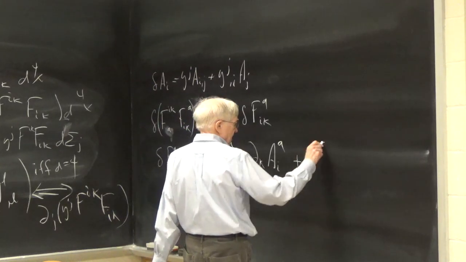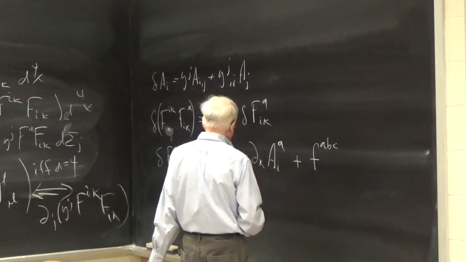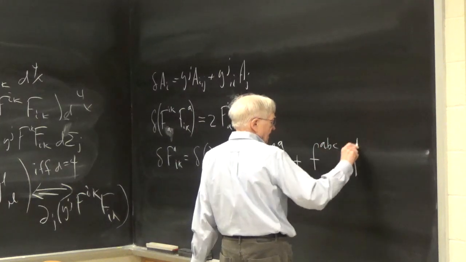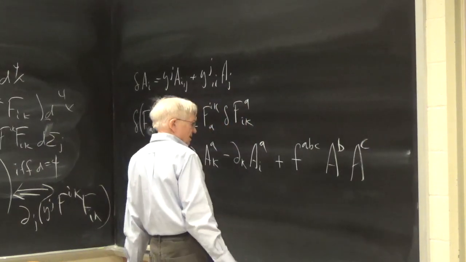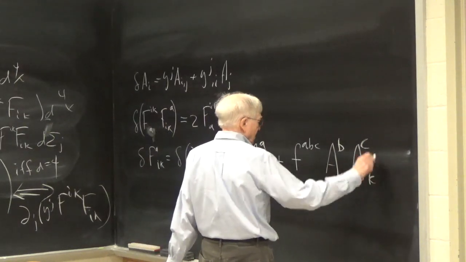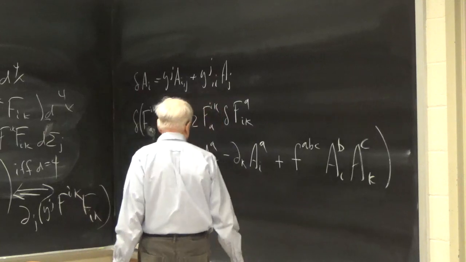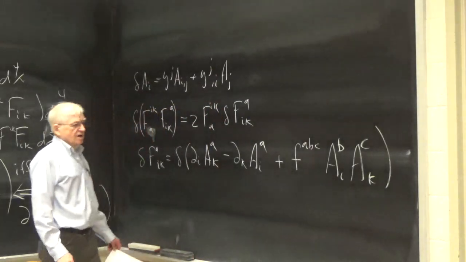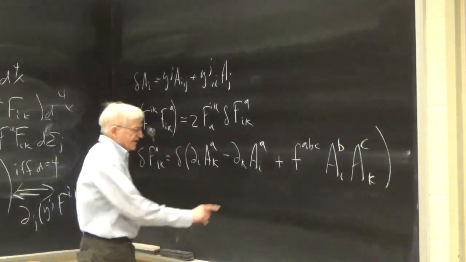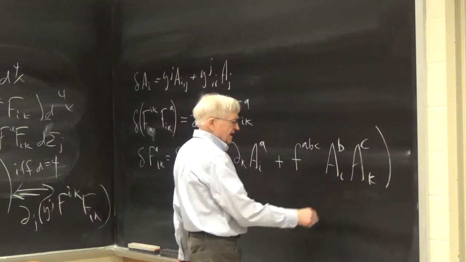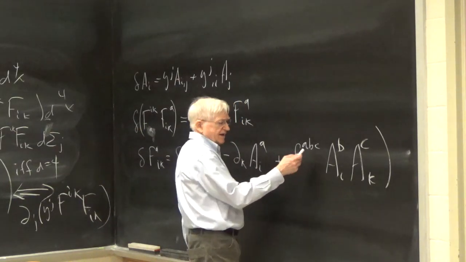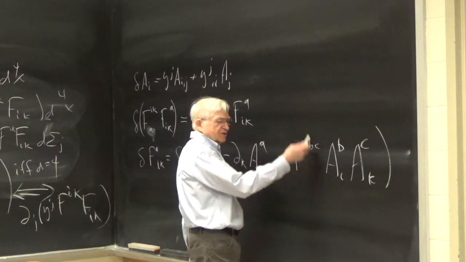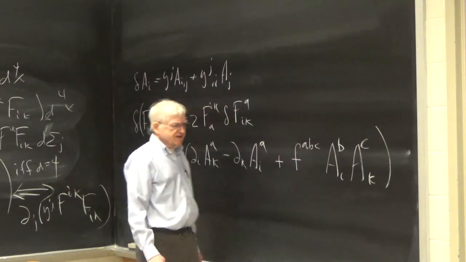f, let us say, abc, A^b_i A^c_k. Now, I think this comes in with a plus sign, but I'm not absolutely certain. These are the structure constants, and for a compact group, you can raise or lower them, and it doesn't make any difference.